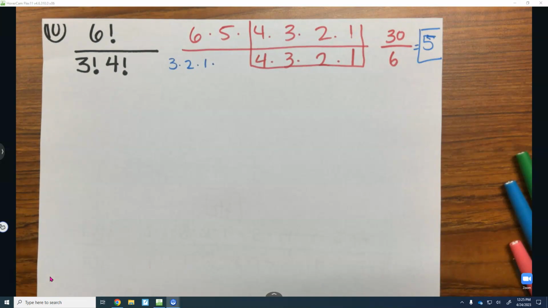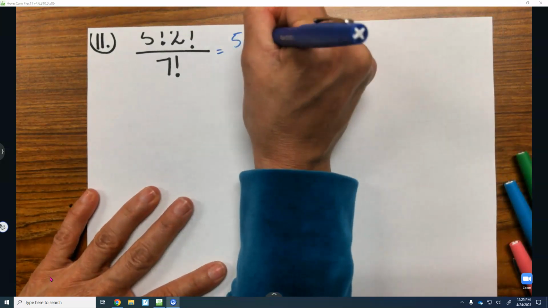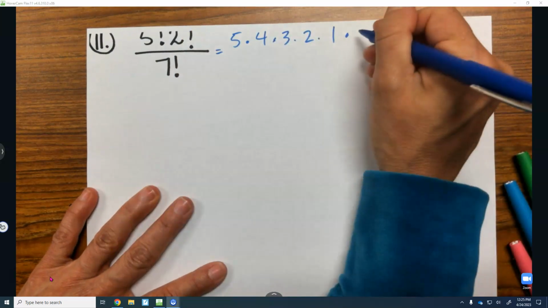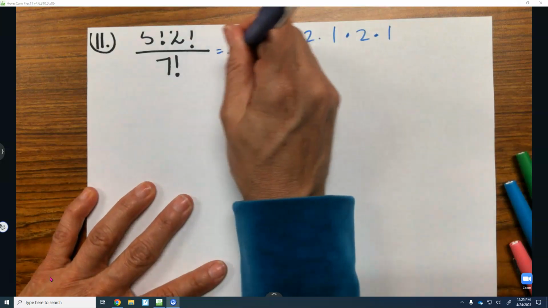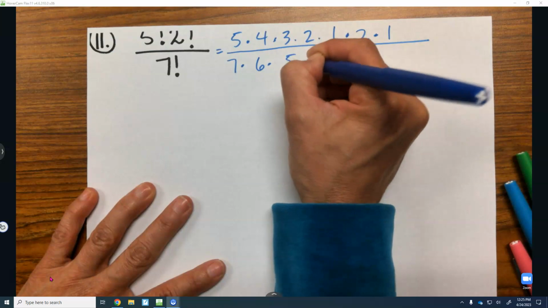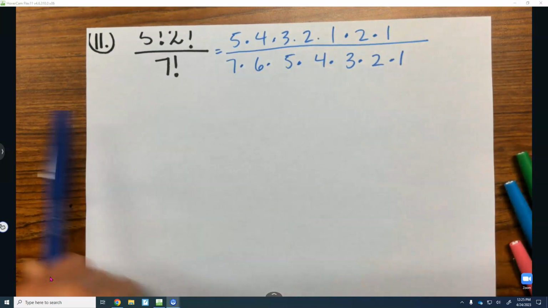Let's look at number 11. So for problem number 11, we actually have 2 things at the top. So number 11 is going to be 5 times 4 times 3 times 2 times 1. And then, of course, 2 factorial is just 2 times 1. 7, 7, 6, 5, 4, 3, 2, 1.